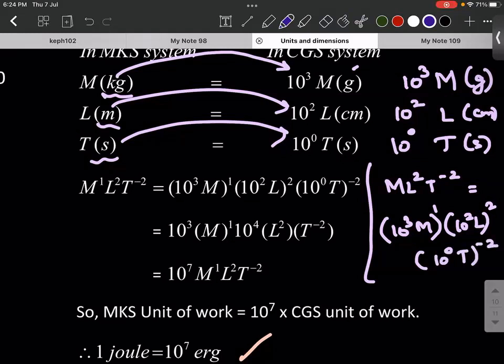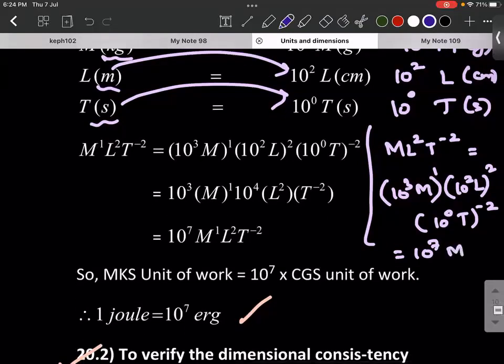So what will I get here? I get 10 power 7 times ML square T minus 2. On the left hand side, I have ML square T minus 2. On the right hand side, I have 10 power 7 times ML square T minus 2.